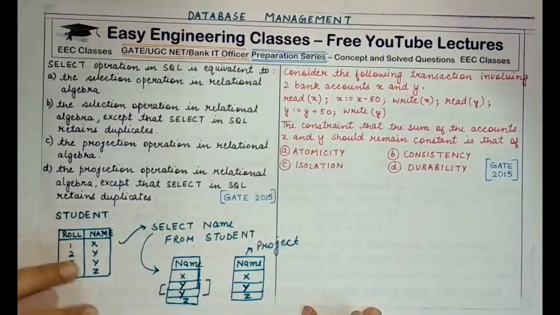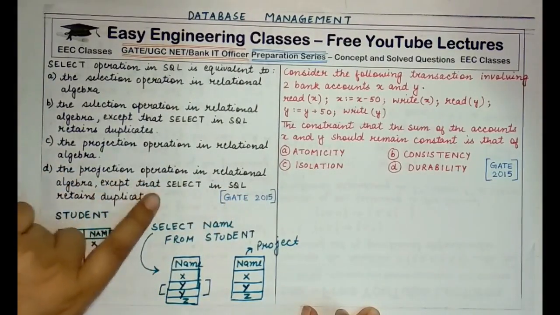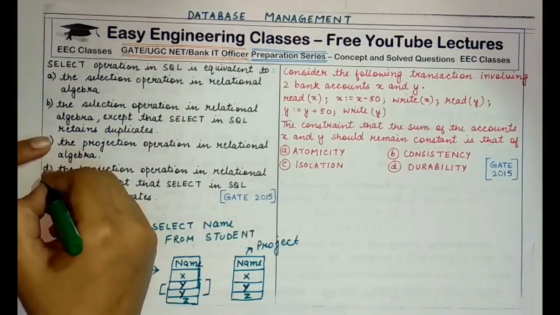So the correct option for this question would be the projection operation in relational algebra, except that select in SQL retains duplicates. So D is the option.